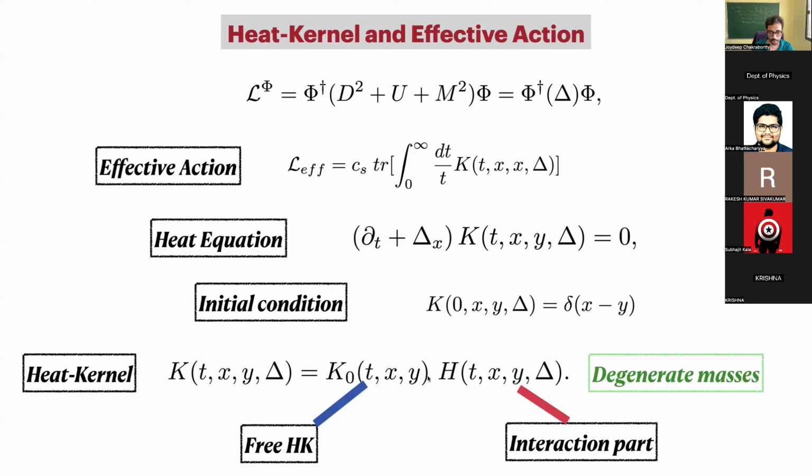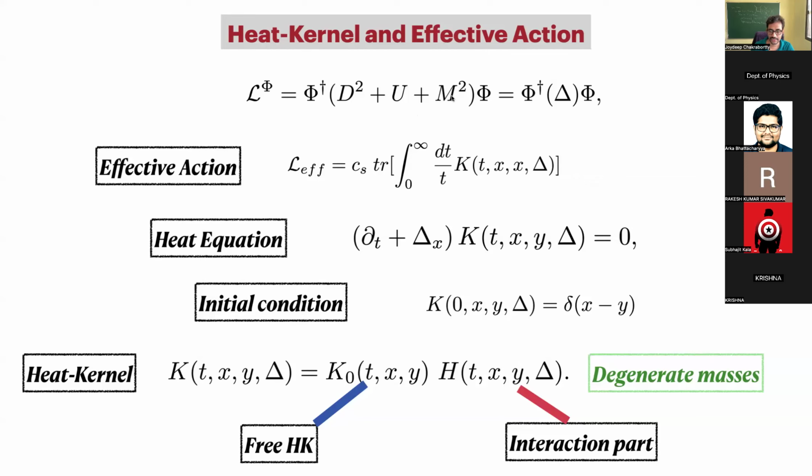Now this decomposition is only possible for the degenerate mass or a single heavy field. Why? If you recall the solution of this, K is basically e to the power minus delta t. You are decomposing this delta, which is D squared plus U plus M squared, right? From quantum mechanics, we have learned that e to the power A plus B is e to the power A times e to the power B only when A and B commute.